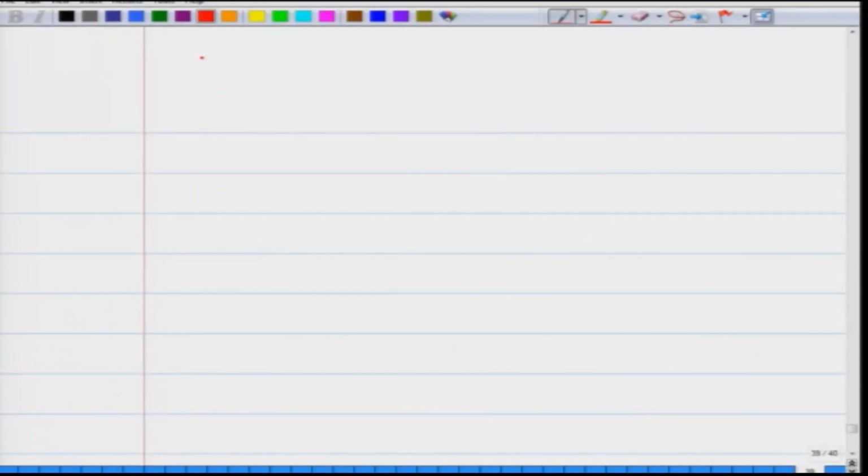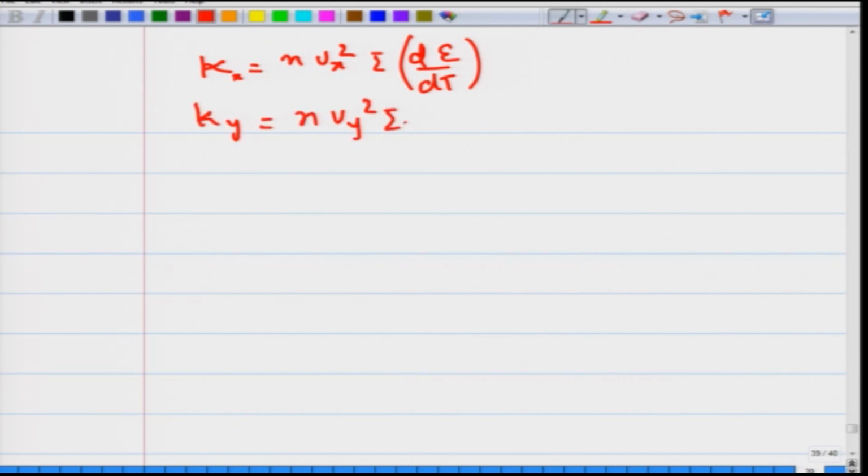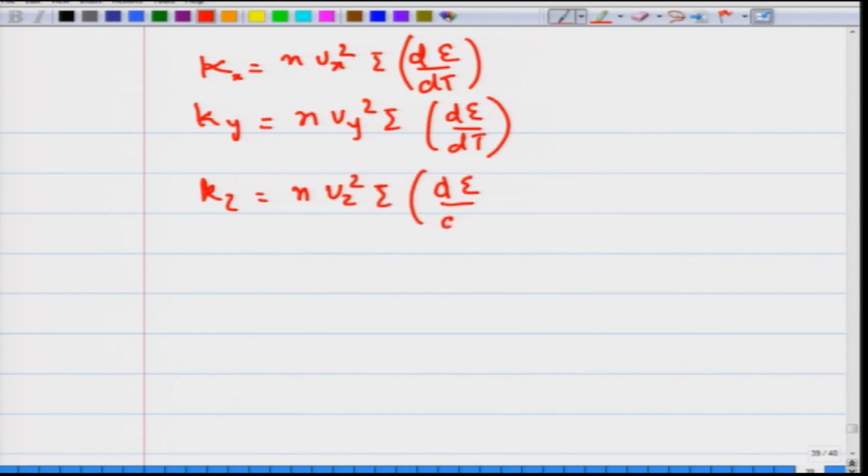So, you will get terms like kappa is equal to n Vx square tau dE by dT in the x direction, in the y direction n Vy square tau dE by dT, and the kappa in the z direction is n Vz square tau dE by dT.